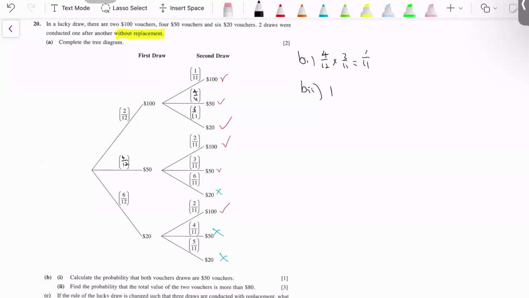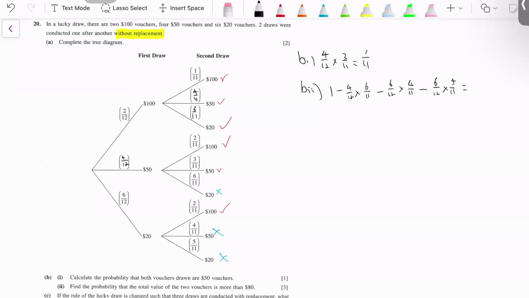So 1 minus first draw being 50, second draw being 20, which is 4 out of 12 multiplied by 6 out of 11. Next is first draw being 20, second draw being 50, so 6 out of 12 times 4 of 11. And lastly, first draw being 20, second draw being 20, which is 6 out of 12 multiplied by 5 of 11.